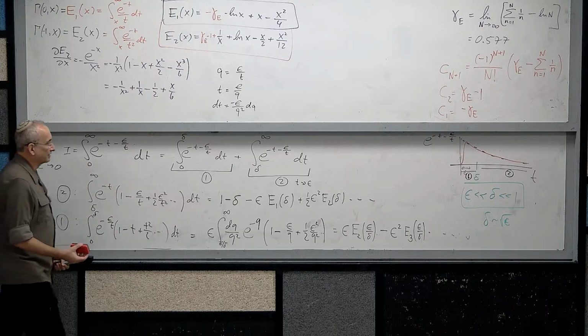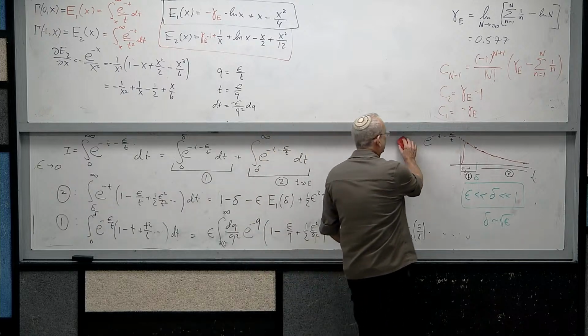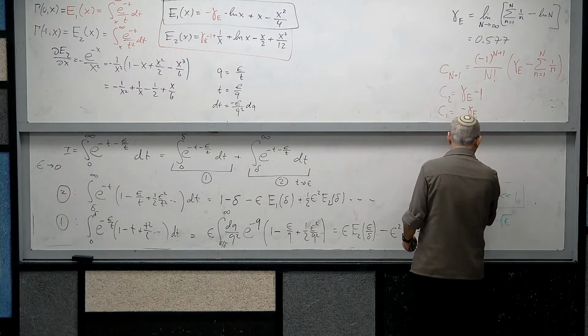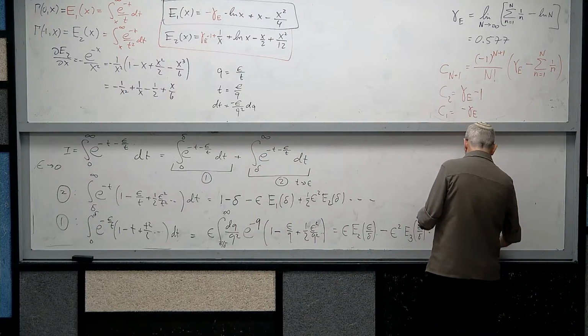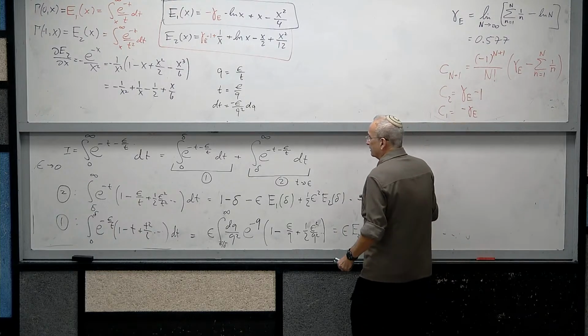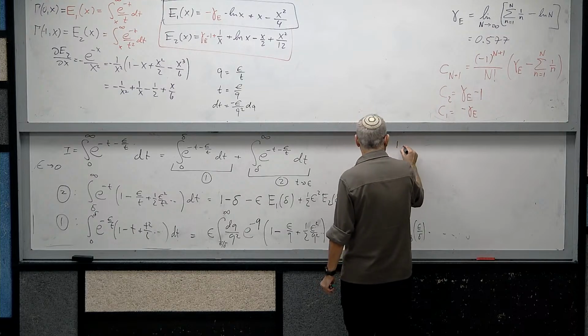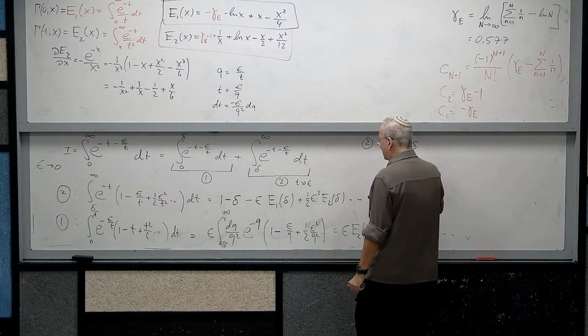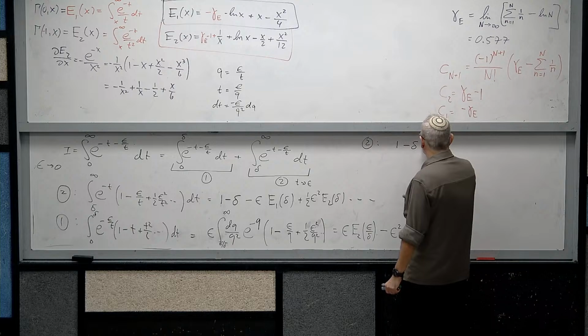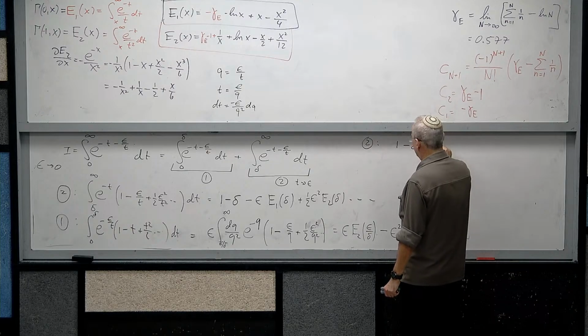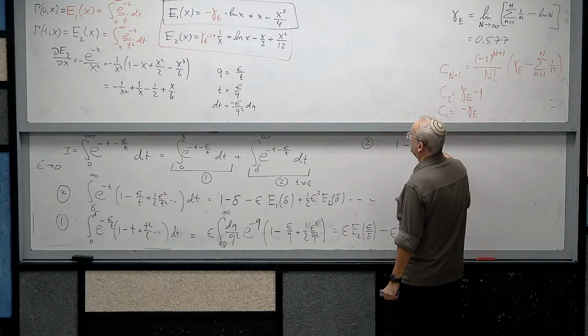Let's start. From integral number 2, I have 1 minus delta, minus epsilon times E1.